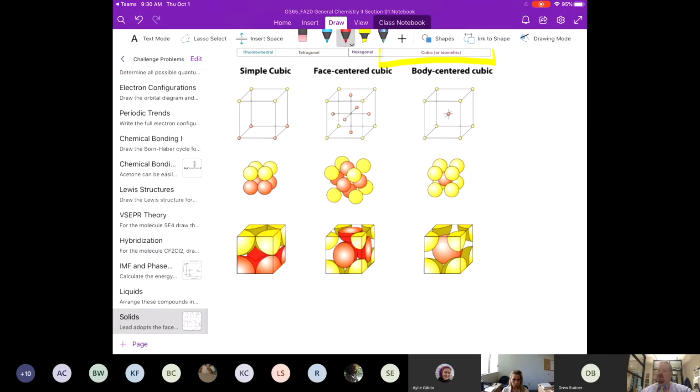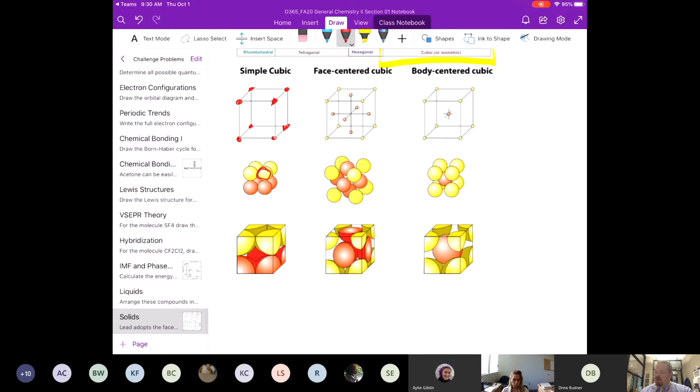We can define these. The simple cubic is where we just have atoms at the corners, and these dots I think of as representing the nuclei. If we talk about the electron clouds, that's where this sphere comes in, and the nuclei are going to be centered at the corners.